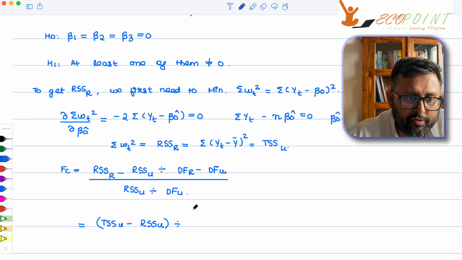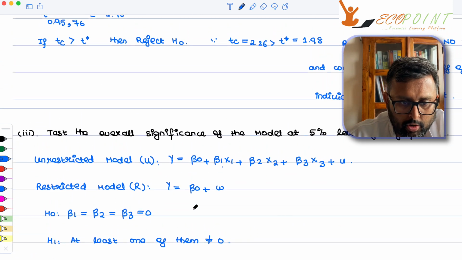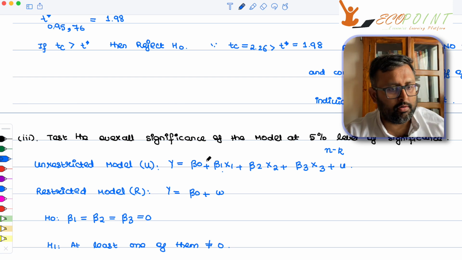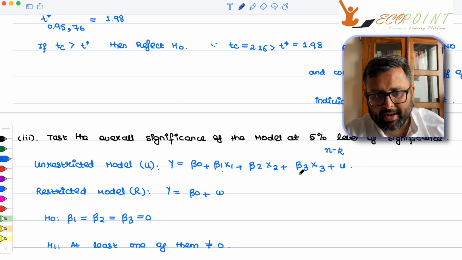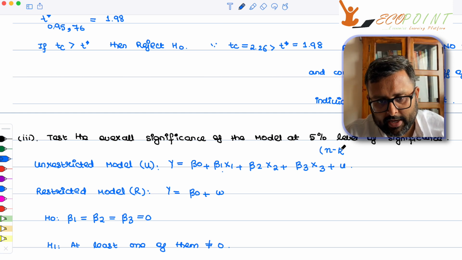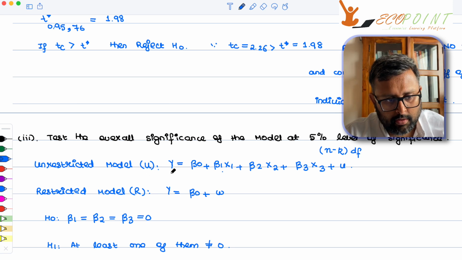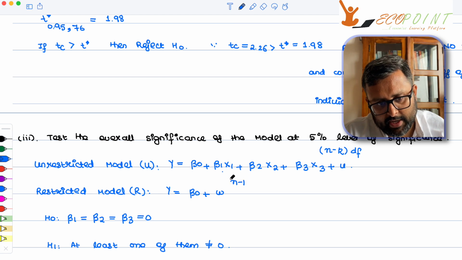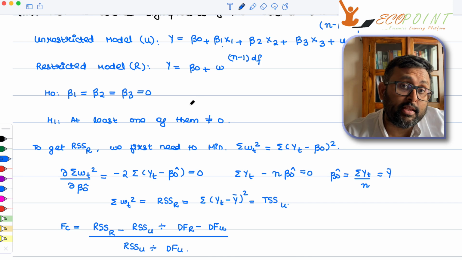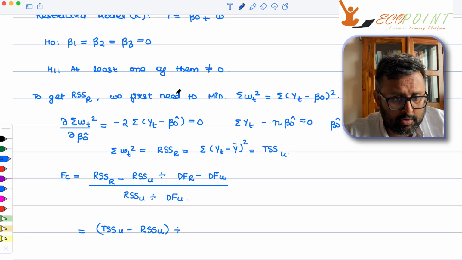So what is the degrees of freedom of U? N minus K. Big K parameters are gone, because in estimation they have gone. N is the number of observations. So you have N minus K degrees of freedom in the unrestricted model. Here only one parameter has gone, so here you have N minus 1 degrees of freedom. And how many restrictions are there? K minus 1 restrictions.